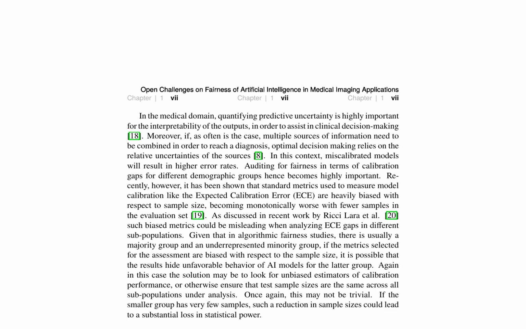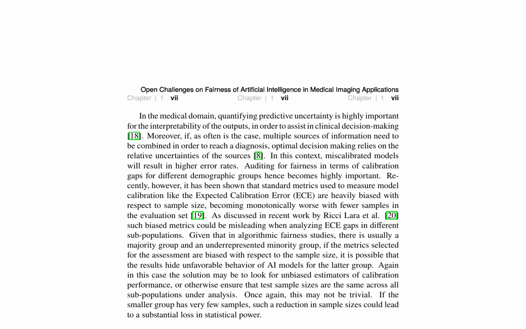Ensuring fairness in terms of calibration gaps across different demographic groups is vital. However, standard metrics used to measure model calibration, such as the expected calibration error, ECE, are heavily biased with respect to sample size, becoming monotonically worse with fewer samples in the evaluation set. This could lead to misleading results when analyzing ECE gaps in different subpopulations.